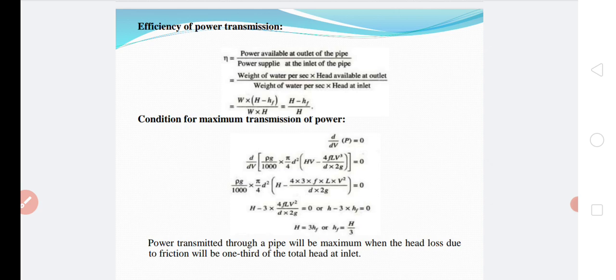So the efficiency η equals (H minus hf) by capital H.